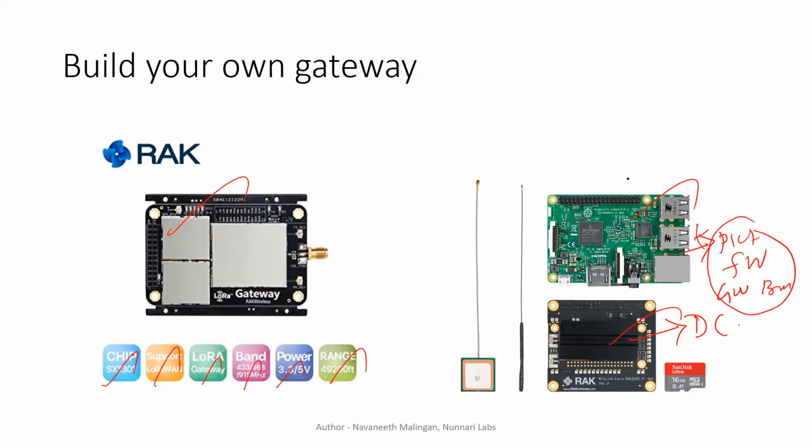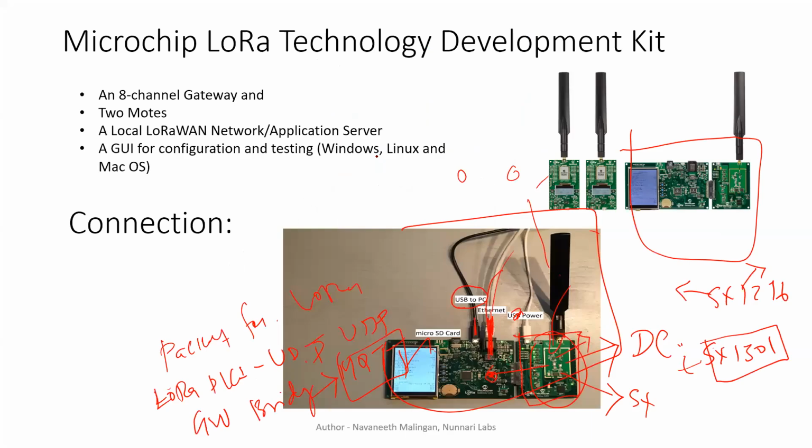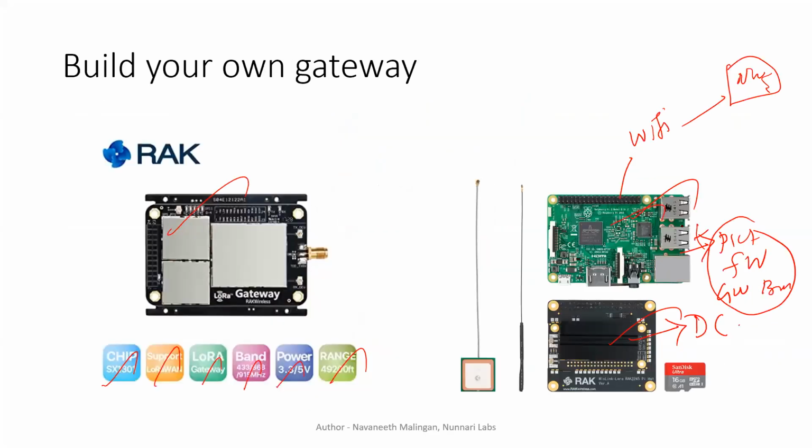The Raspberry Pi has a Wi-Fi connection, so through it, it can connect to the internet and to the network server. So there are two cases. One is the microchip case, where the gateway bridge is outside and it acts only as a packet forwarder. The other is the Raspberry Pi and RAK module, where we have the LoRa packet receiver, and the packet forwarder and gateway bridge both sit on the edge, on the local system itself, because we can install them on the Raspberry Pi. So those are the two cases.